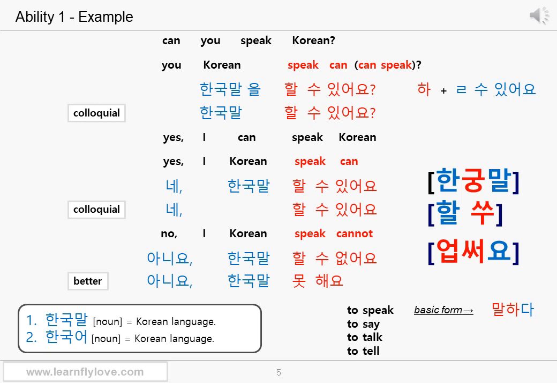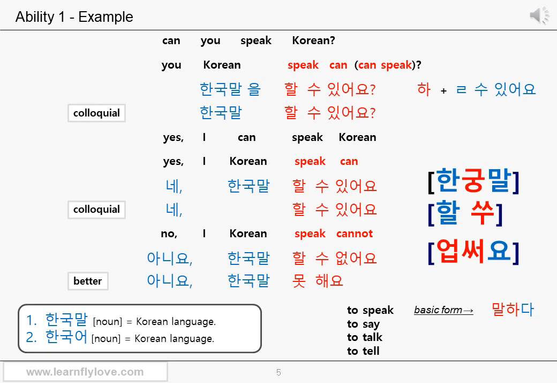The basic form of the verb speak is 말하다. But as we explained, you just need to use the 하다 part when you use this verb with a language or some forms of verbal expression, such as a story. So you just need to say 해요 instead of 말해요.